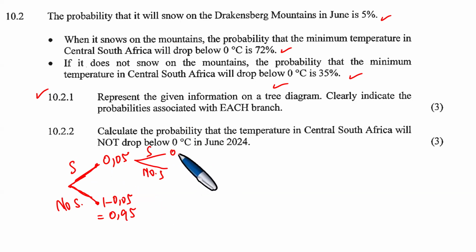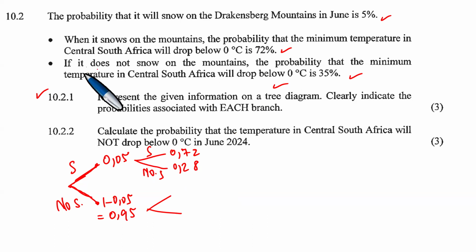Divide that by 100, getting 0.72. If it does not snow, so you'd have 1 minus 0.72, which is 28%, which is 0.28.